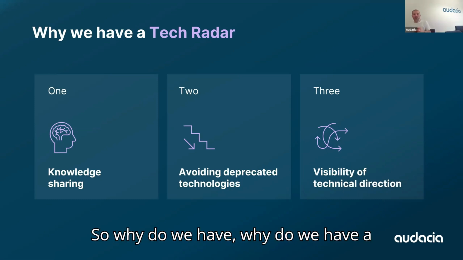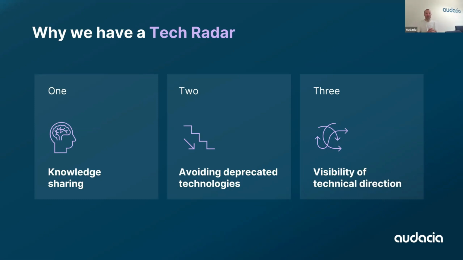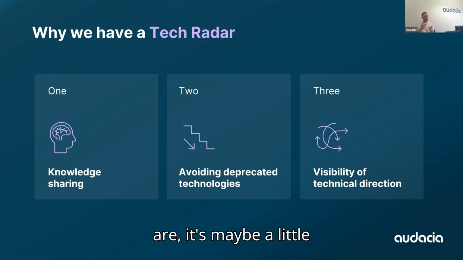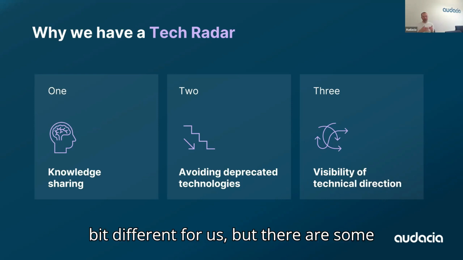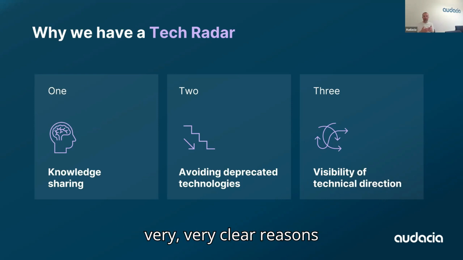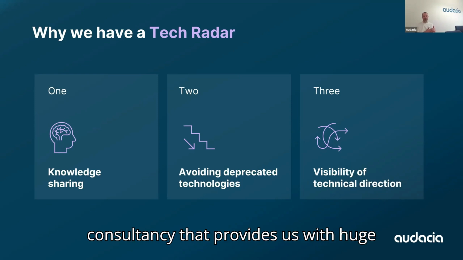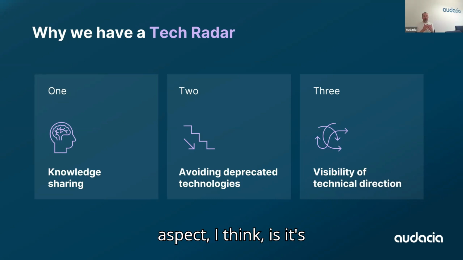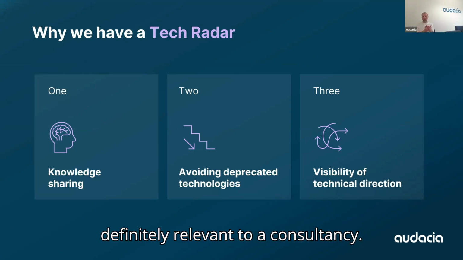So why do we have a radar? I think as a consultancy it's maybe a little bit different for us, but there are some very clear reasons linked to the fact that we are a consultancy that provide us with huge benefits. So the knowledge sharing aspect is definitely relevant to a consultancy.